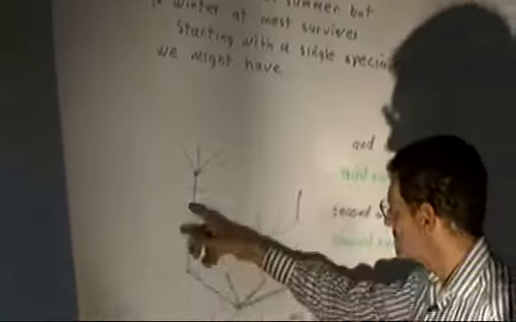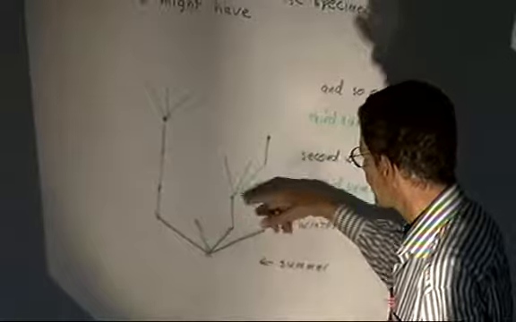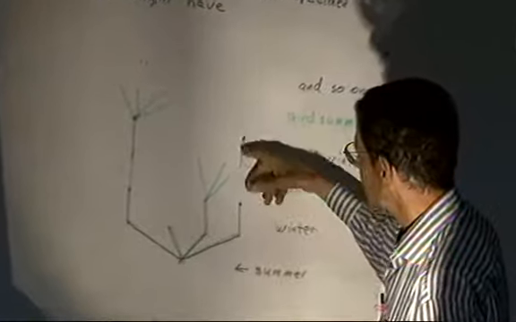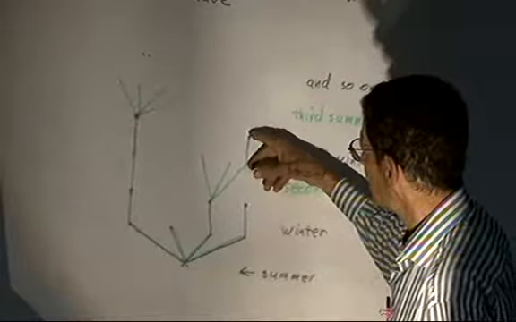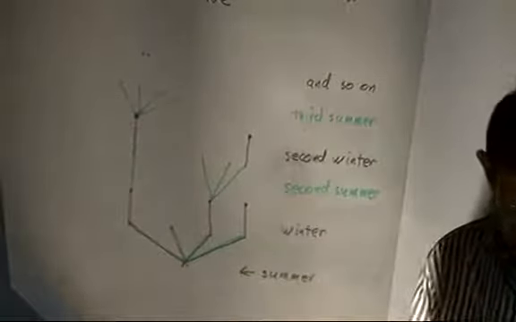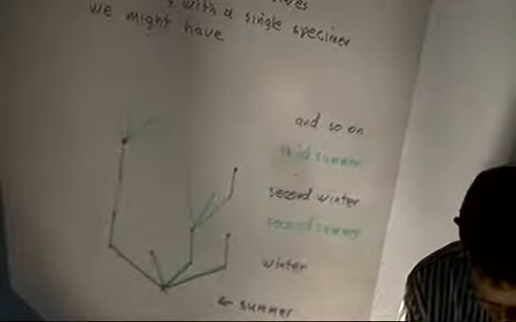Summer comes around again, and it's unrestricted. Winter maybe survives, maybe doesn't. And summer comes around. So we have this alternation of summer and winter.